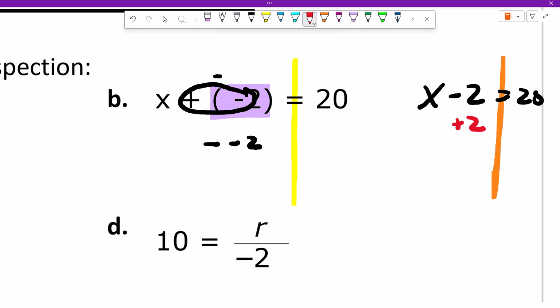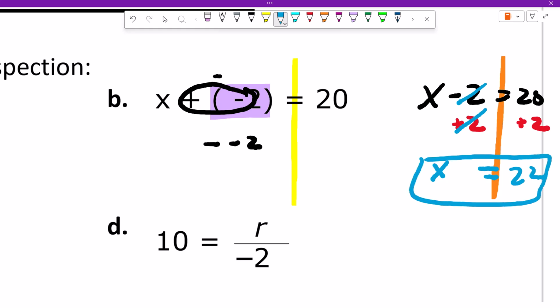So we add 2 to the other side. Keep it symmetrical. It keeps it balanced, right? So now we do our cleanup. Negative 2 and positive 2 makes 0, so those go away. You have just an x. And what do we have left over on the other side? 22. And done.